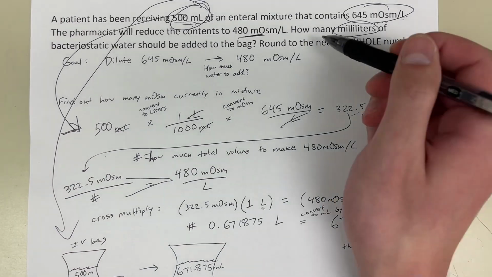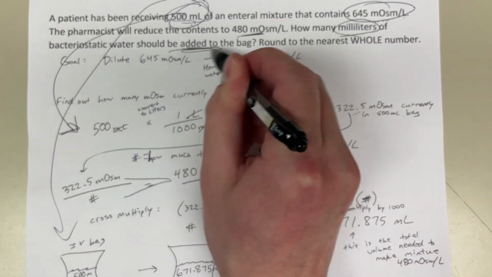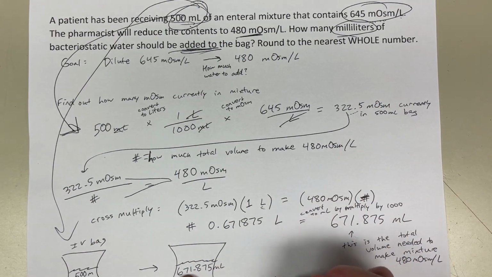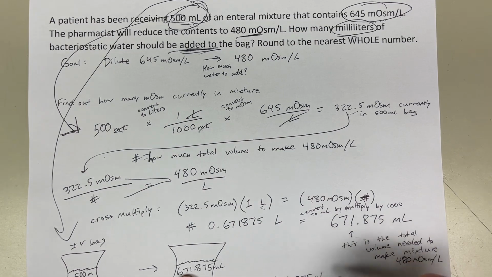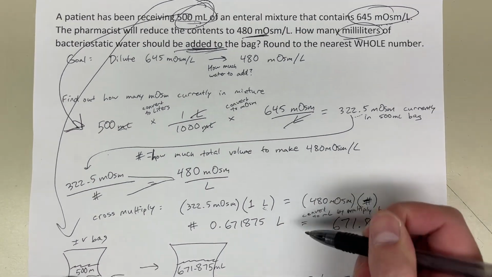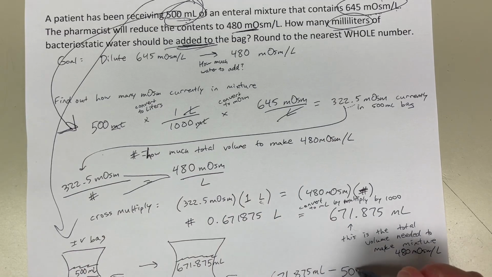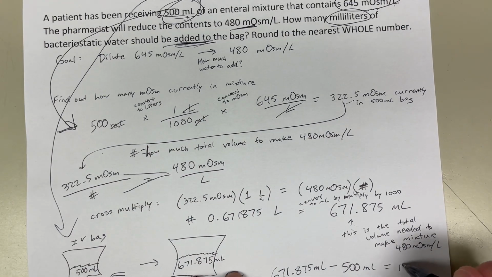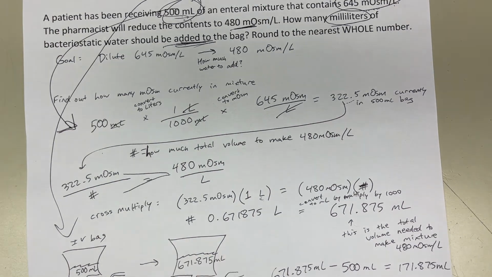But the question is asking how many milliliters should be added to the bag. So that's why I take this bag, 671.875 milliliters, subtract that by our original bag, which is 500 milliliters, and that'll give us our answer of 171.875 milliliters, right?